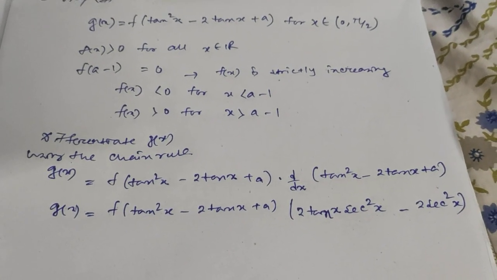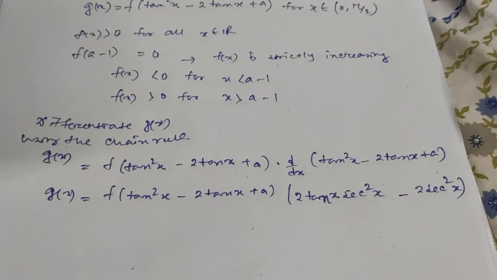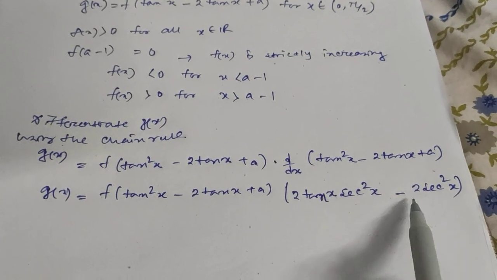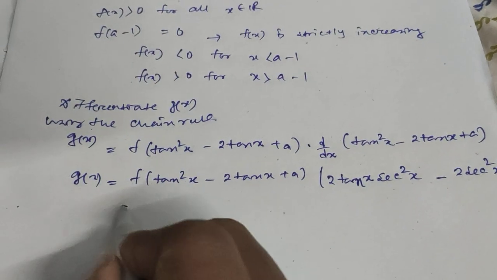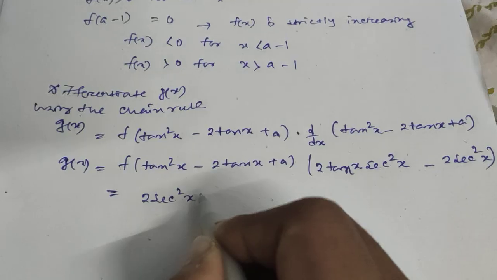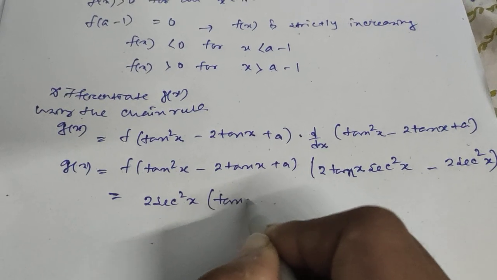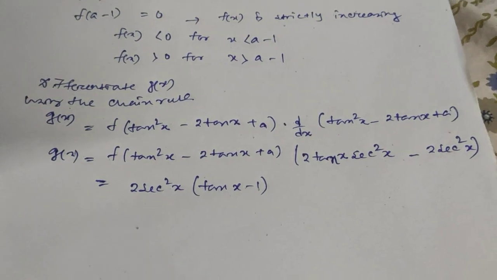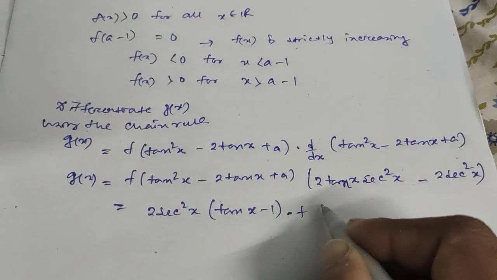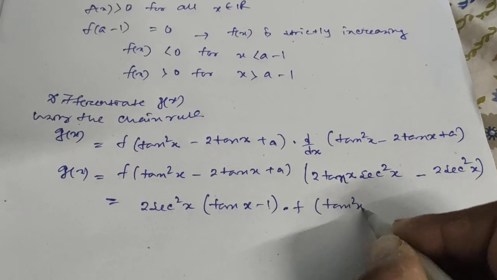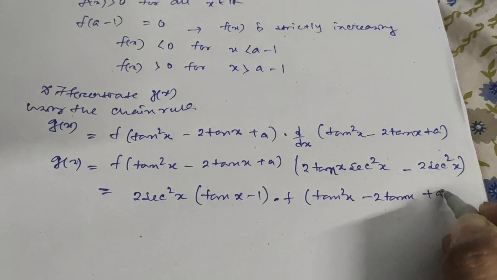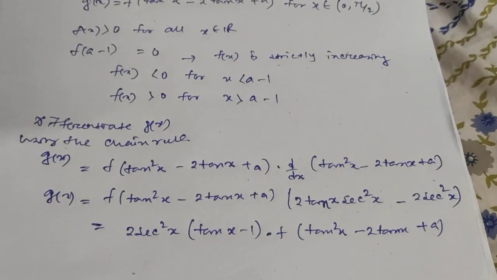That is clear to you? Now we can take the common of 2 sec square x, so 2 sec square x, then it will be tan x minus 1. And what is left? f prime of tan square x minus 2 tan x plus a, right?